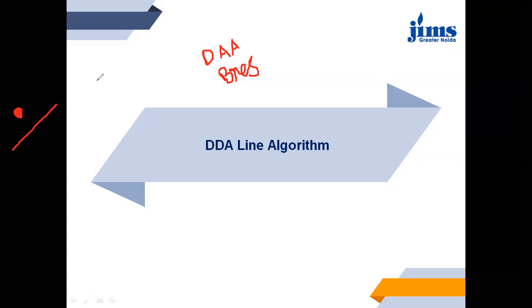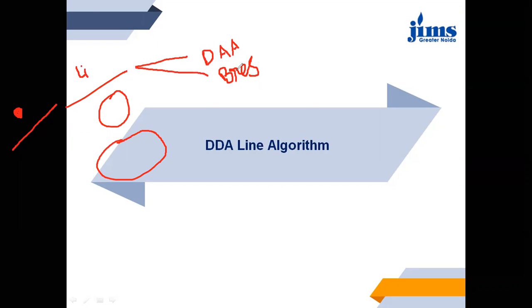We have to study it for three objects: first for a line, second for a circle, and third for the ellipse. In line there are two methods, two algorithms. First one is DDA and second one is Bresenham's. So in today's class we will discuss these two algorithms, as these are basic building blocks.